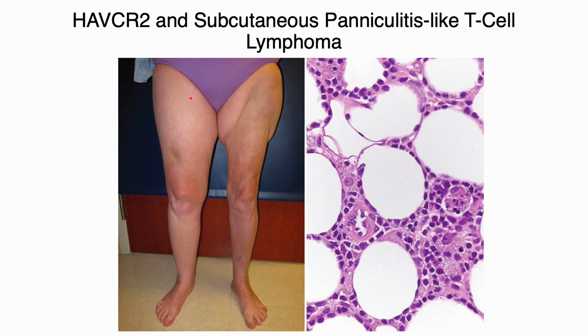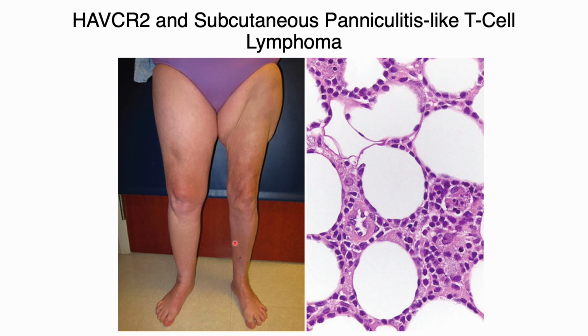Next entity that I wanted to talk about is subcutaneous panniculitis like T-cell lymphoma. This is an example of a patient with subcutaneous panniculitis like T-cell lymphoma. It's a very indolent lymphoma.